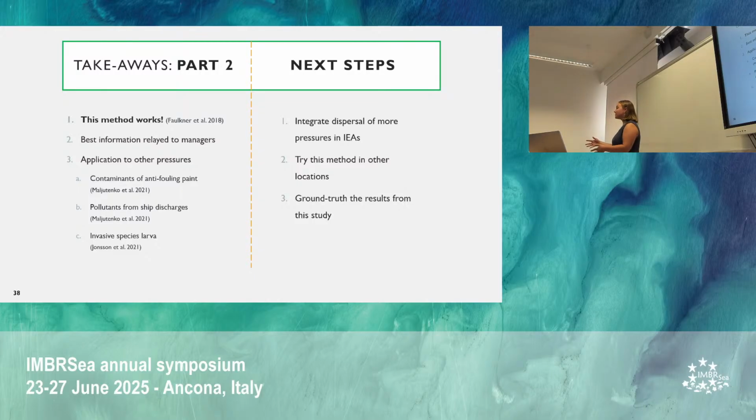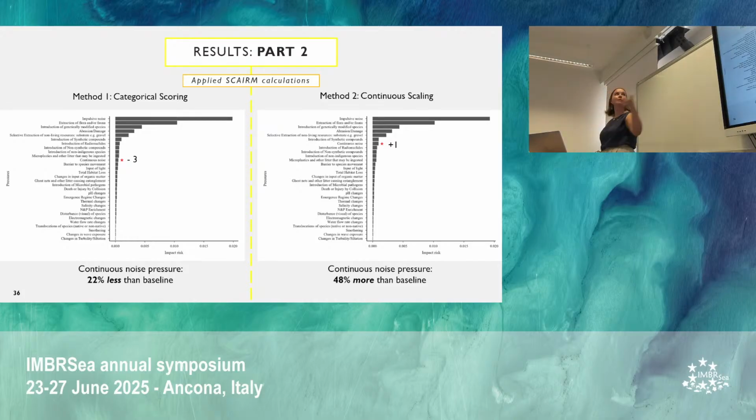If it was high frequency, we would have to change the calculations a bit, but that is very minor in the scope of this mapping technique. So I like to think that this can be applied, maybe not easily, but with a bit of time, to a bunch of other pressures, and hopefully impulsive sound, because it's the highest ranking pressure here.